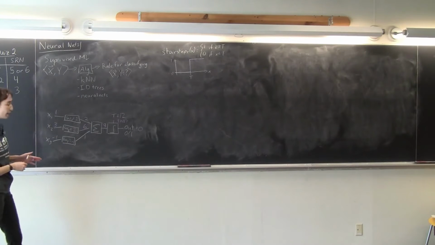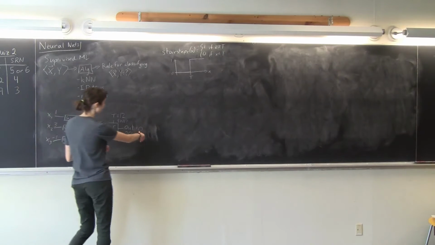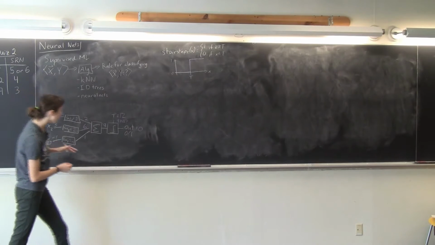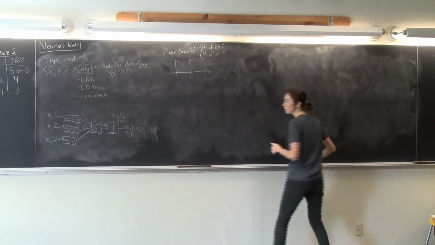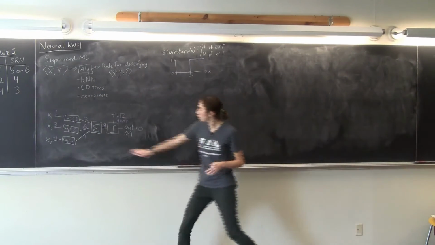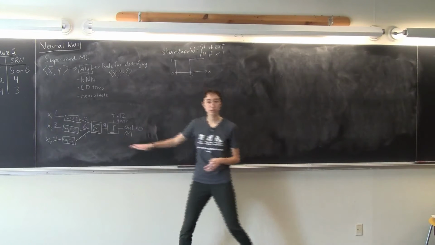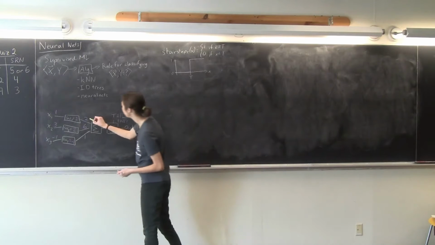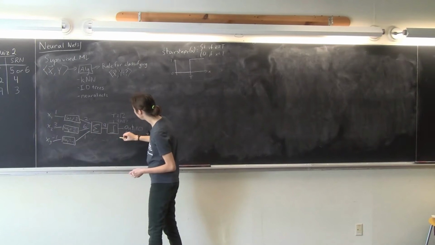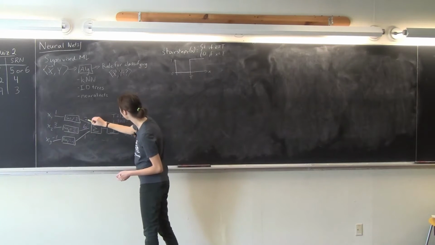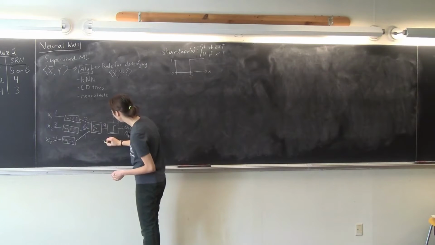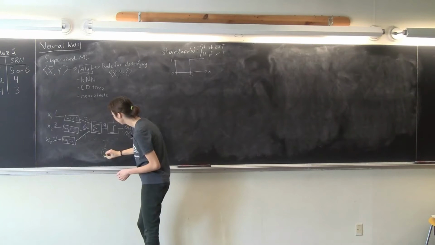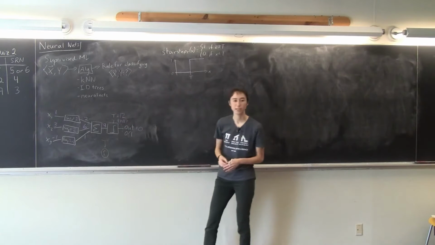You could imagine chaining a bunch of these things together where we take this output and put it into the next neuron. But in order to represent that more concisely, we're going to encapsulate these two things into a single symbol so that we don't have to keep drawing out the summation and the thresholding. We're going to represent them by a single symbol, which is a circle with a stair-step symbol in it.